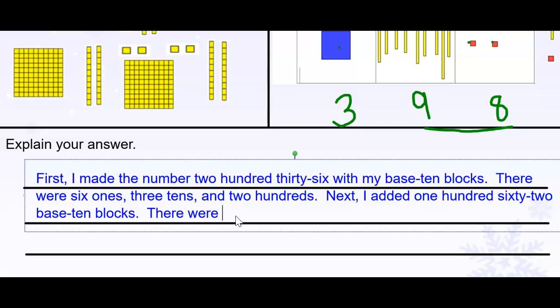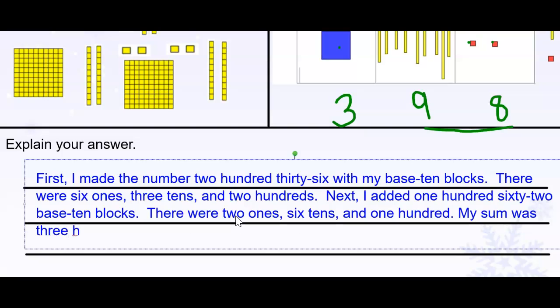There were 2 ones, 6 tens, and 100. My sum or answer was 398.